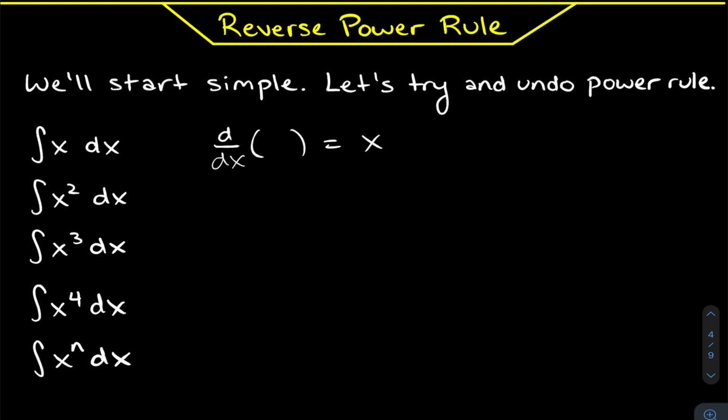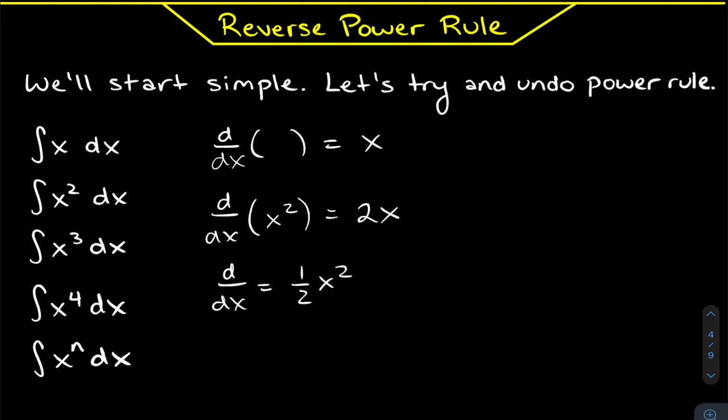If we have the derivative of, let's say, x squared, we know that's going to get us down to an x, but there's going to be a 2 in front of it. So how do we fix that? Well, we can take the derivative of 1/2 x squared.